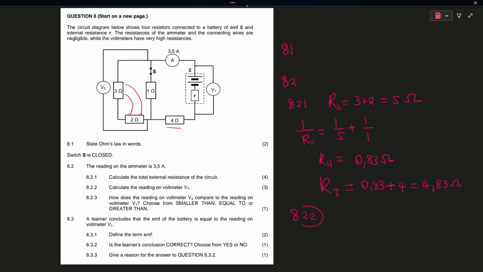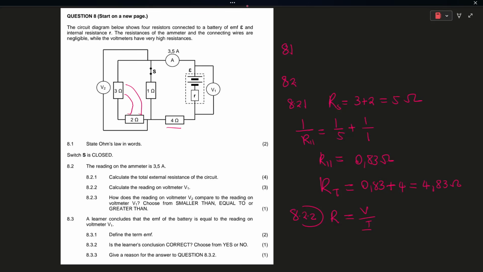Now, 8.2.2. Calculate the reading on V1. What are you going to do? Obviously, you're going to use the Ohm's law. R is equal to V over I. And then we are looking for V, the reading on V1. Where is V1? Obviously it is the potential difference across the entire circuit.